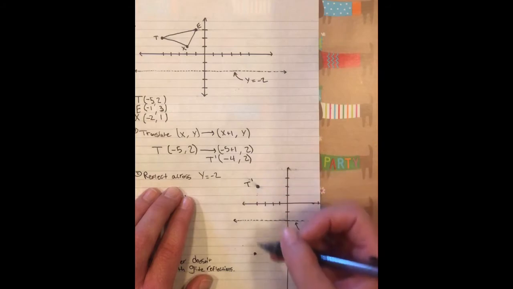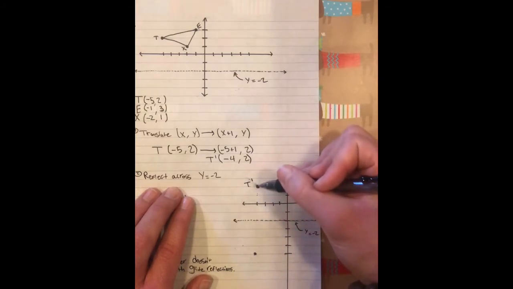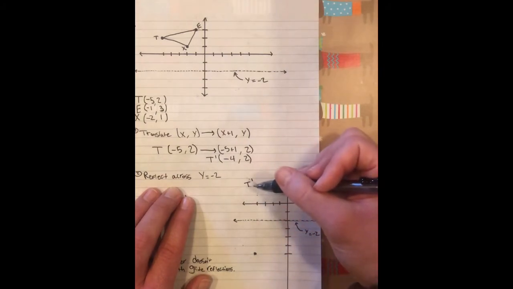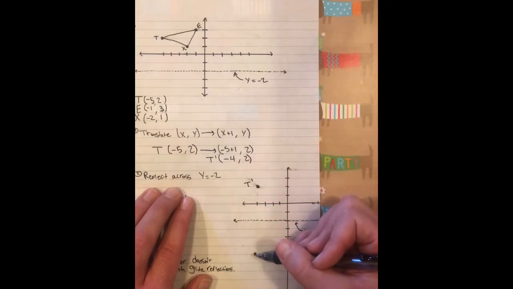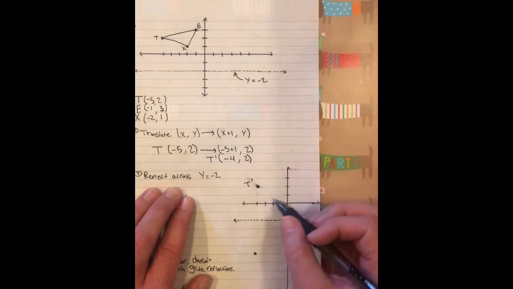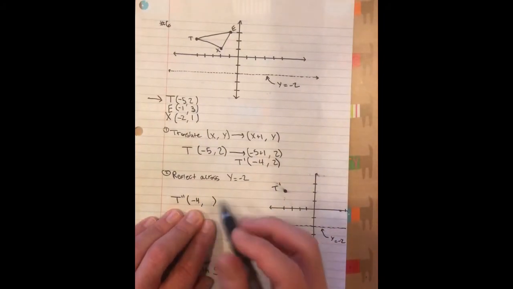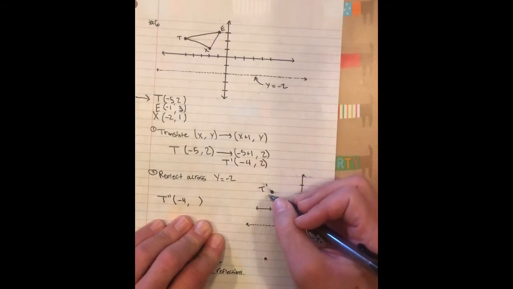Before we go into anything else, we're going to reflect it vertically, since this is the line, we're going to reflect it this way. Do our x values change? No. So my x value of -4 is going to be the same in my answer. All I need to do is find the y value.